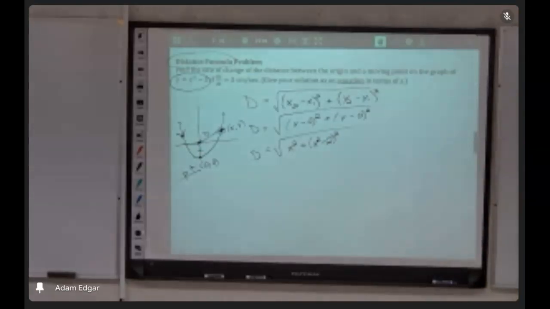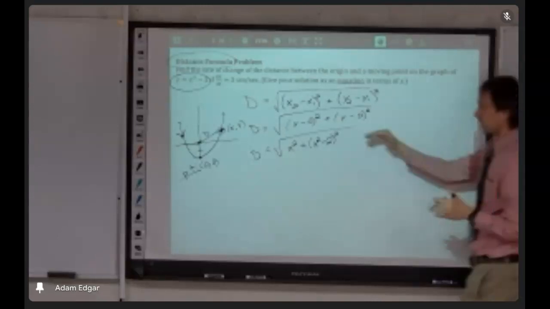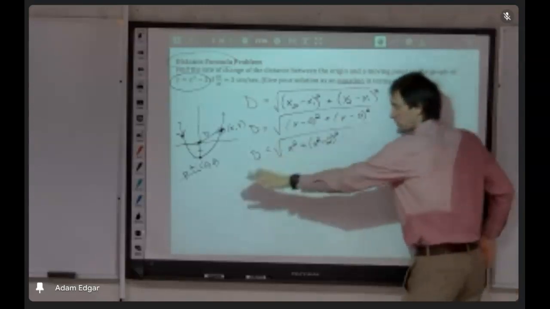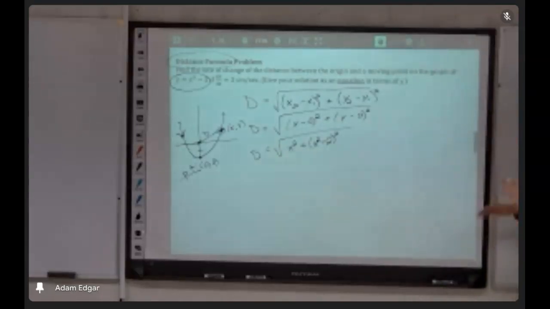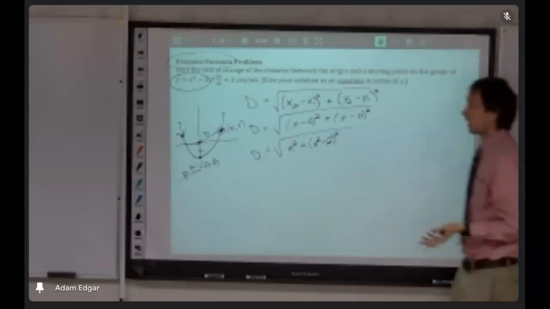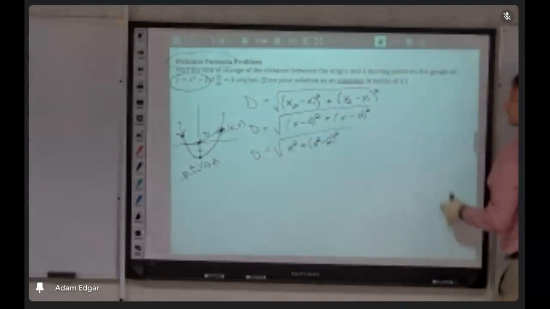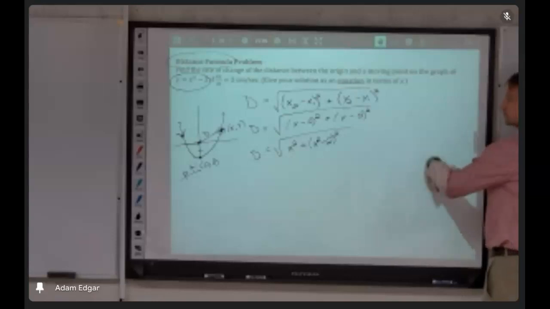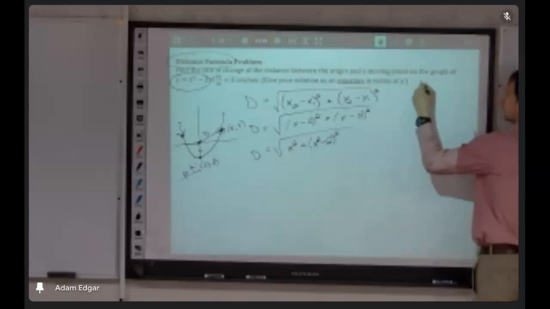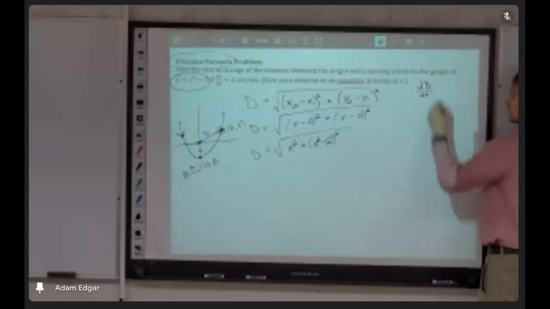So this is kind of a good place to be. You have your distance formula. It only depends on x. You only have one independent variable. And now what we want to do is get the derivative and figure out dD/dt. So the goal here is the rate of change of the distance. That's what we want to get.